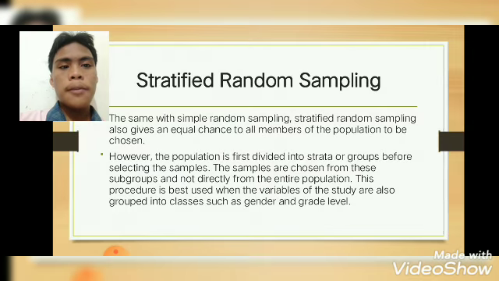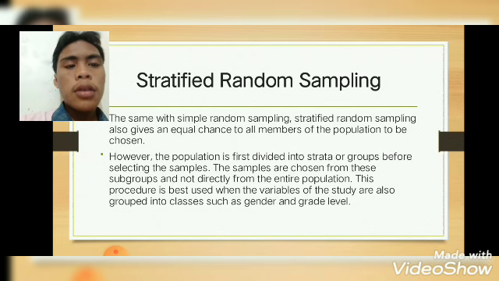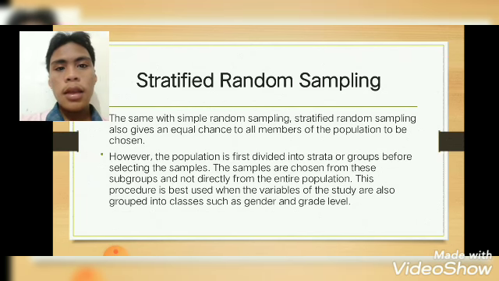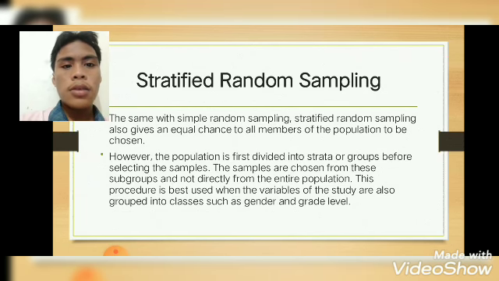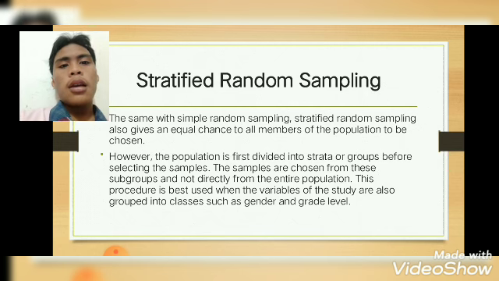Next, stratified random sampling, or SRS. The same as simple random sampling, stratified random sampling also gives an equal chance to all members of the population to be chosen. However, the population is first divided into strata or groups before selecting.